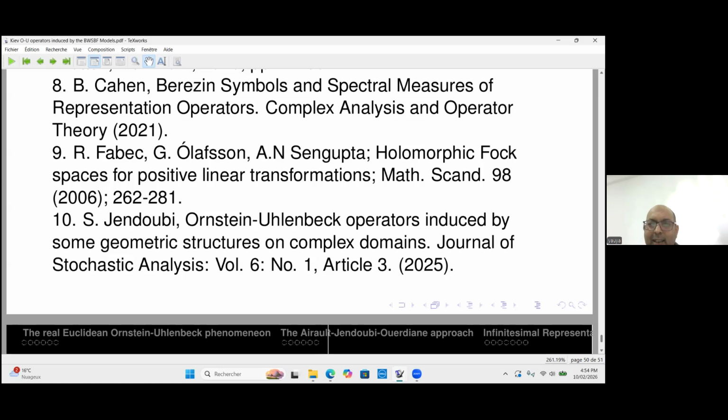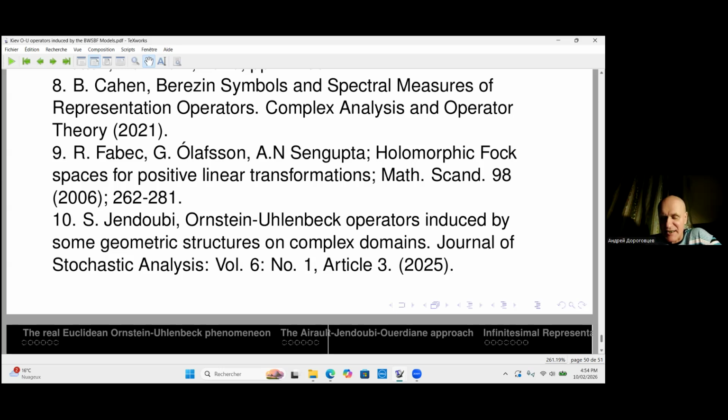Because here the Ornstein-Uhlenbeck operator is constructed on the state space where the group acts, not on the group like the geometric structure. Yes, I understand. But you can reduce it using the representation. You can have some motion on the functions, in L2 space.